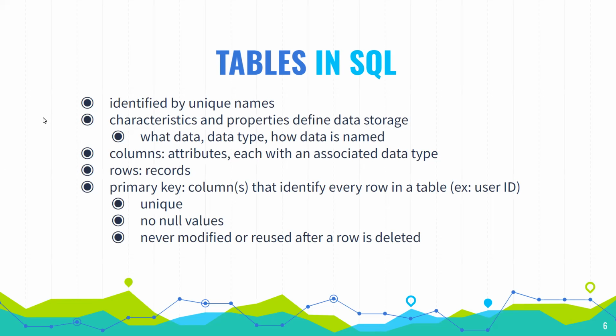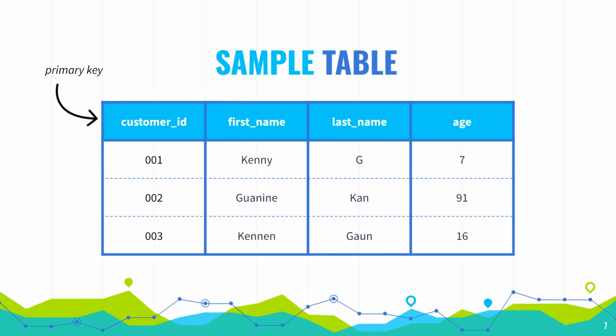We're going to move on to see an example of a table. This is a typical table that you might see in the real world. You have the columns, which are the attributes. Over here we have customer ID, first name, last name, and age. And then you have your rows, which are the records. Each record is a certain person.